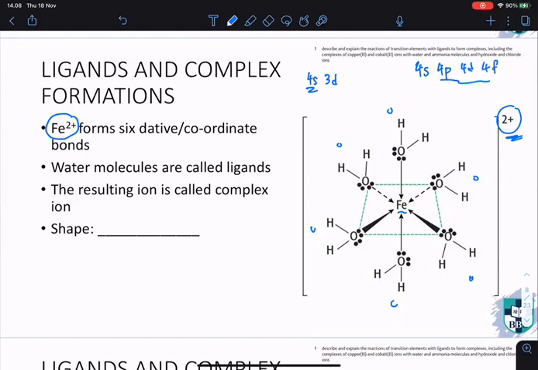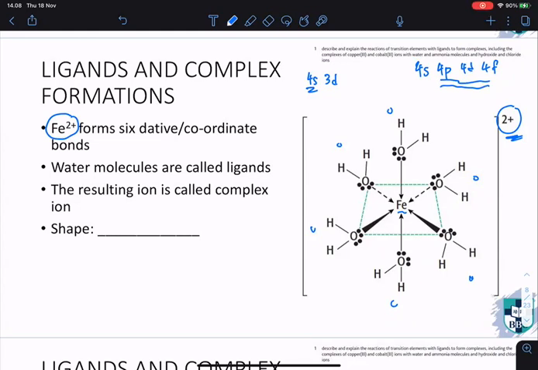I think I'm lagging a bit, but I will repeat: the Fe has orbitals that are capable of accepting the lone pair.